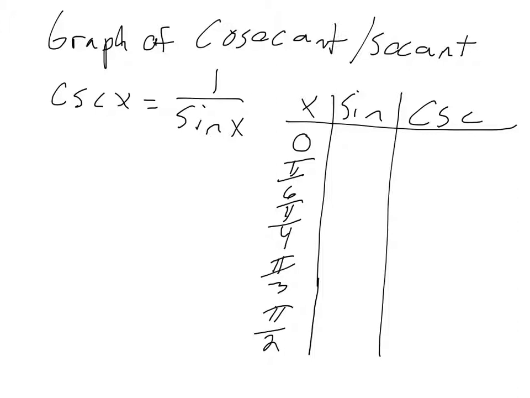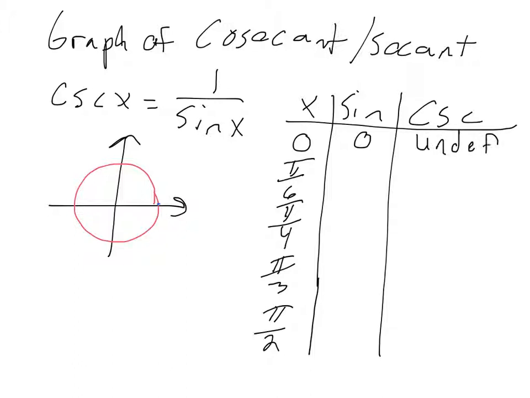So we know that sine of 0, once again looking at our unit circle, sine is the y-coordinate on the unit circle, is going to be 0, right? So then cosecant is 1 over 0, which means it's undefined at 0.